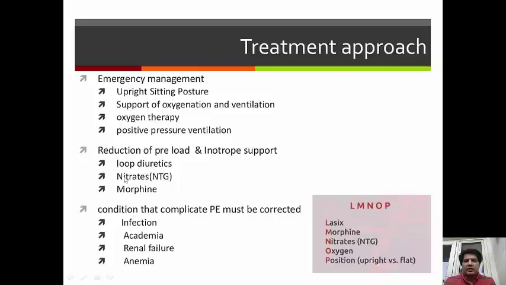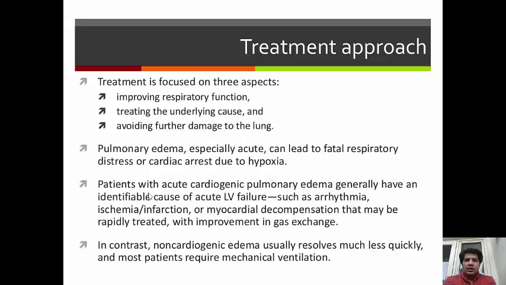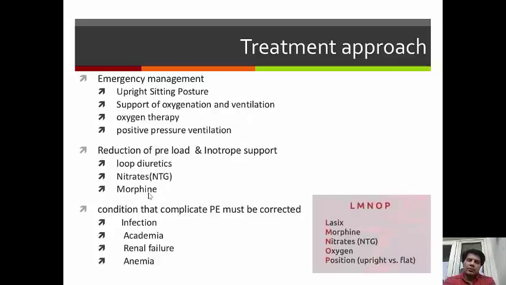We start nitrate to vasodilate. Mainly you will see Lasix and nitrate commonly being used, and oxygen. Another way is to give positive pressure ventilation so that it will push the fluid from the lungs back to the normal blood vessels.